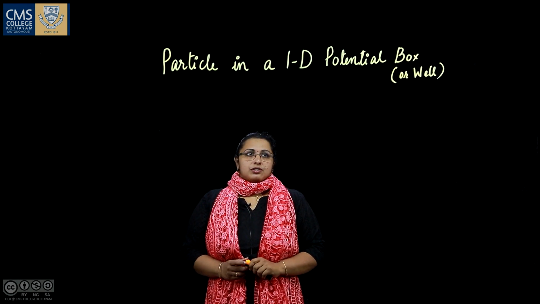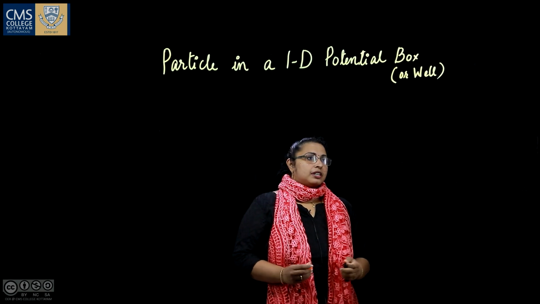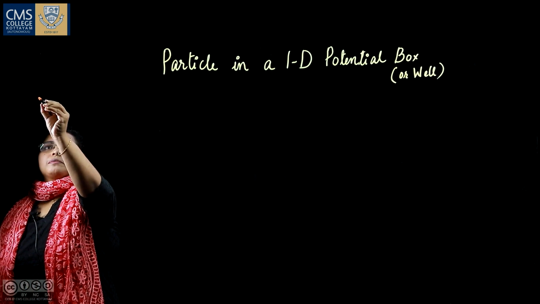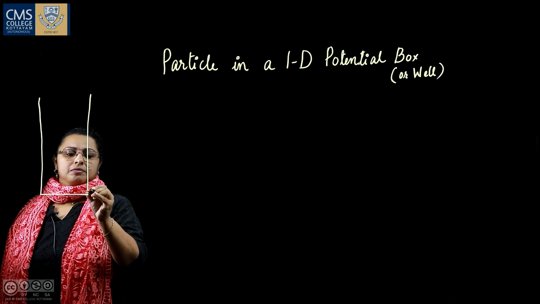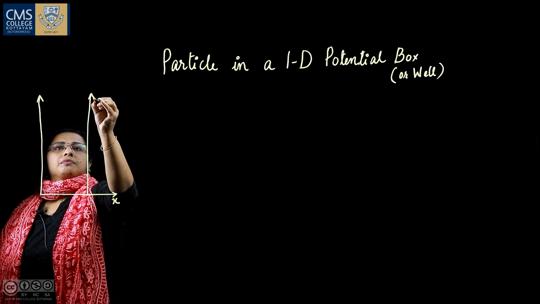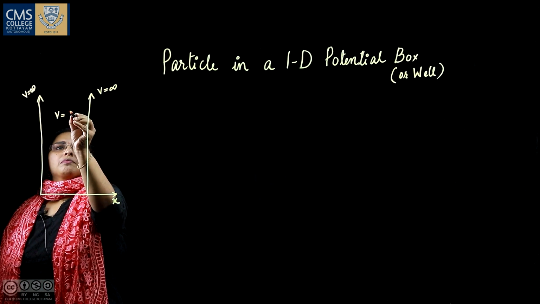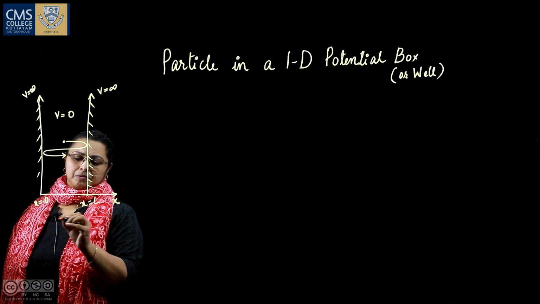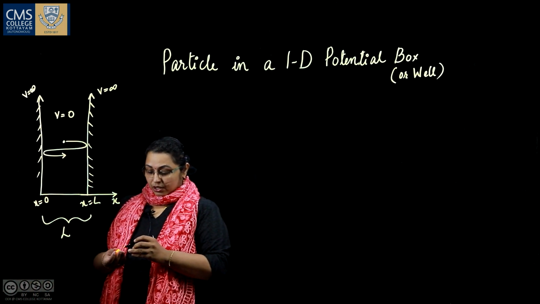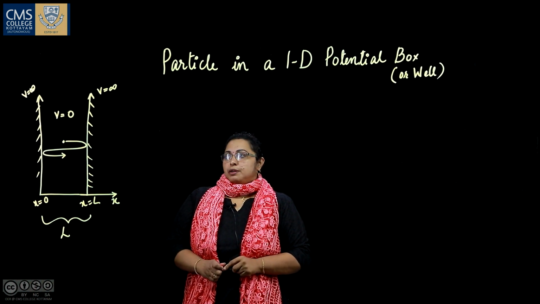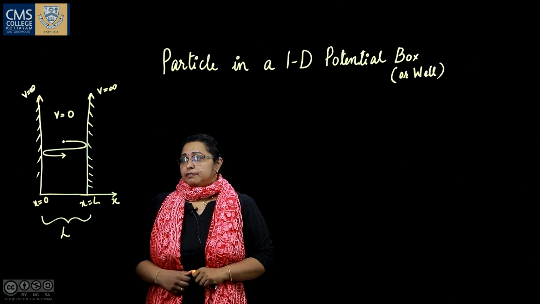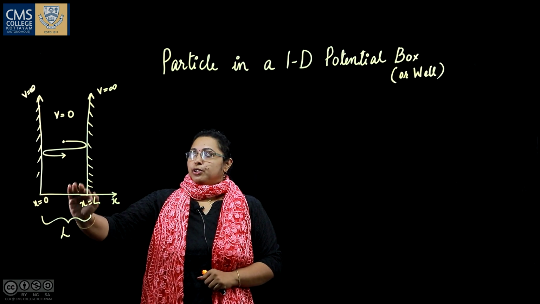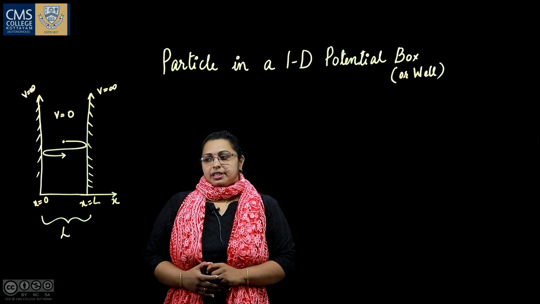an electron. So, let me draw the potential box. This is our potential box where we have two walls, and on the walls and after that the potential V is equal to infinity.